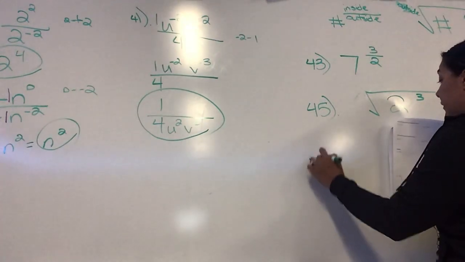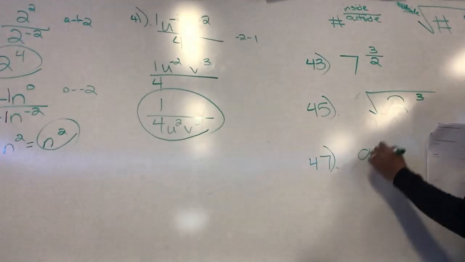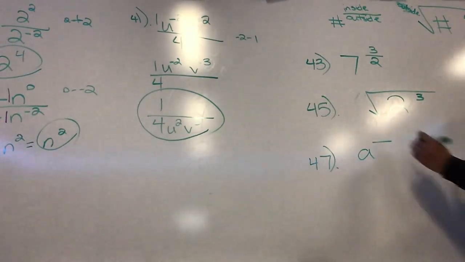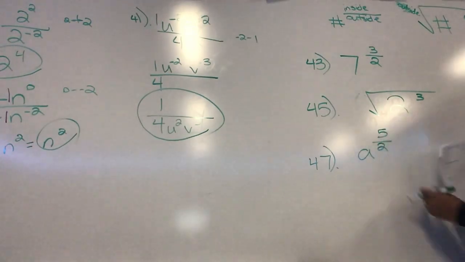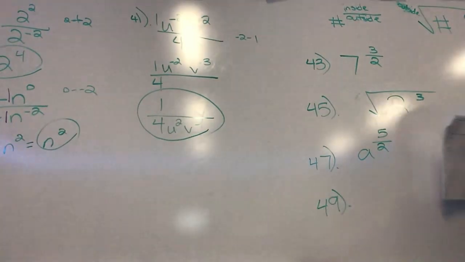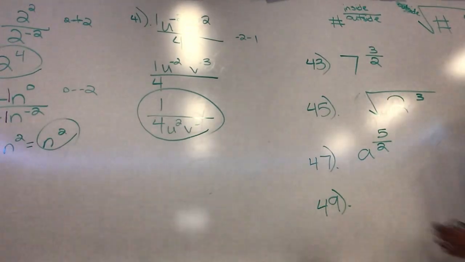47, same thing. It wants you to write it in exponential form. So it's going to be a to the, what's on the inside? 5, outside, 2. Okay, 49. They want you to write it in radical form.